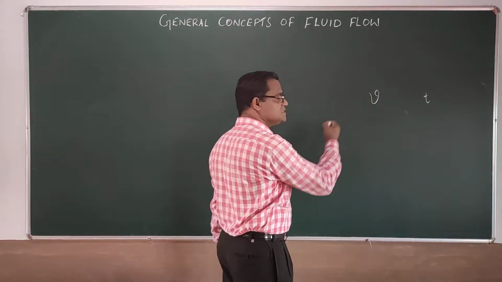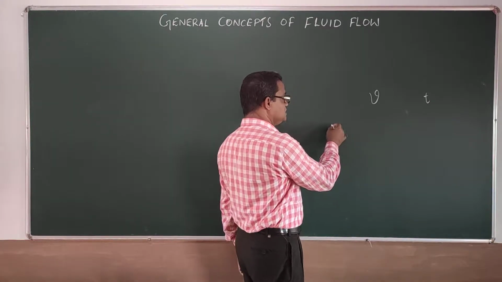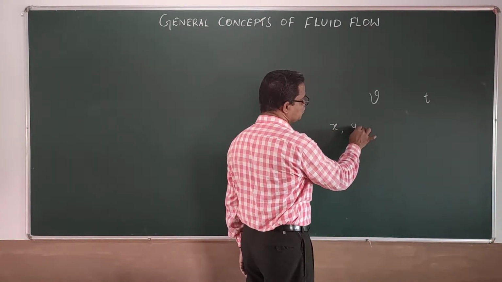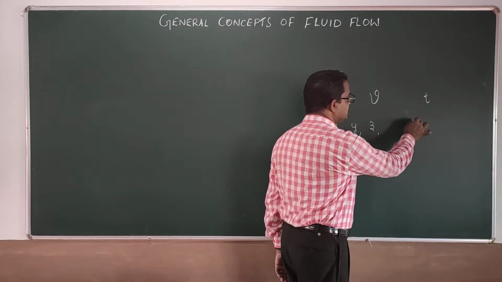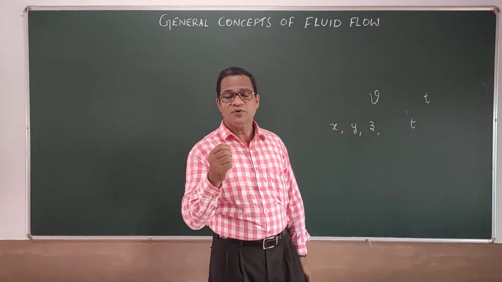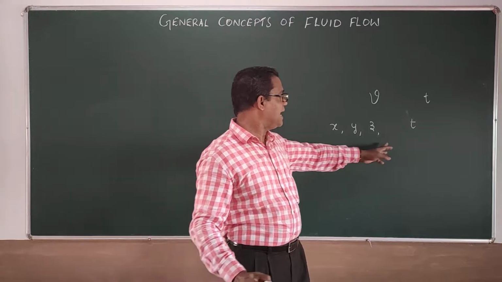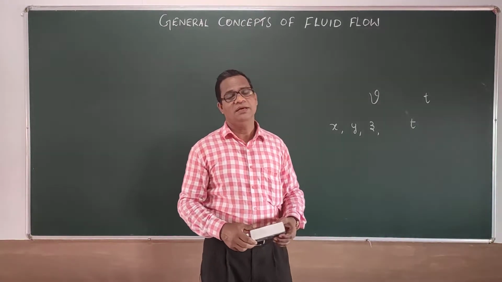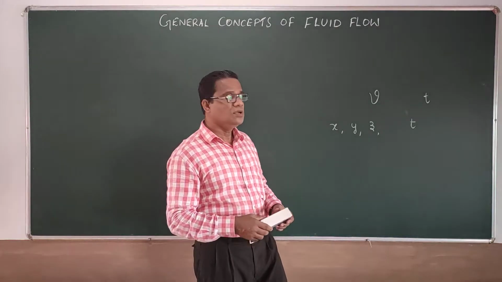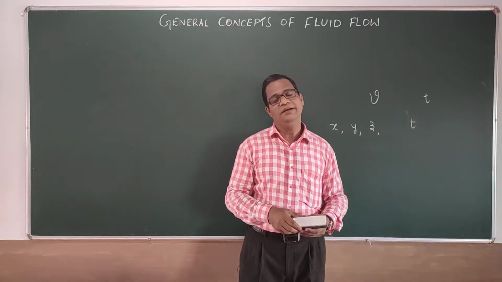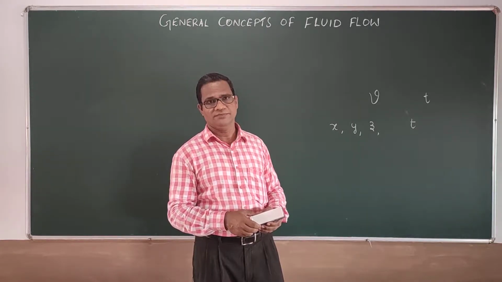When we discuss the fluid particle velocity as it is flowing, its components will be there: x, y, z, and also the time t. So for each particle, if we assign the position and time coordinates, then the study of the fluid flow becomes very complicated. To come to an equation becomes very difficult.